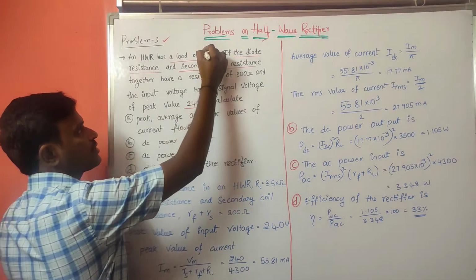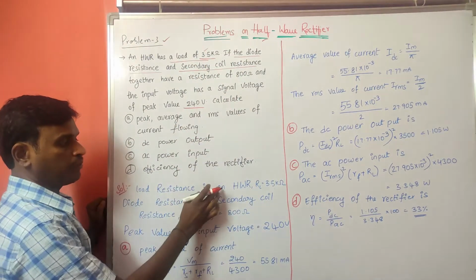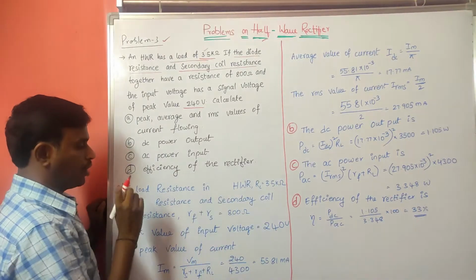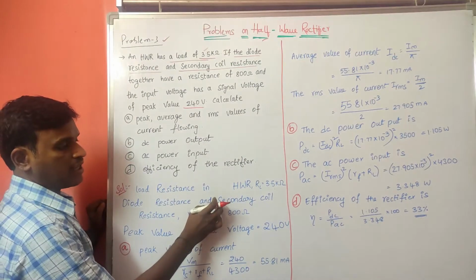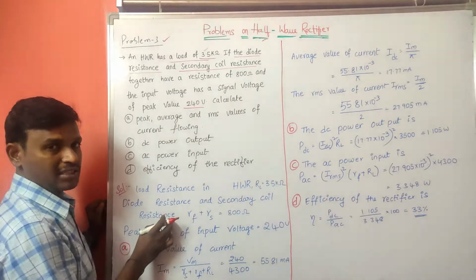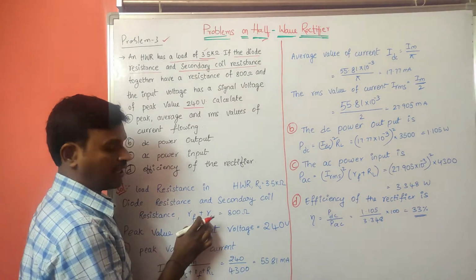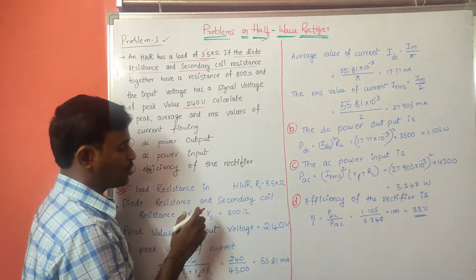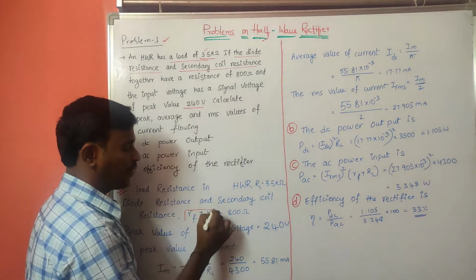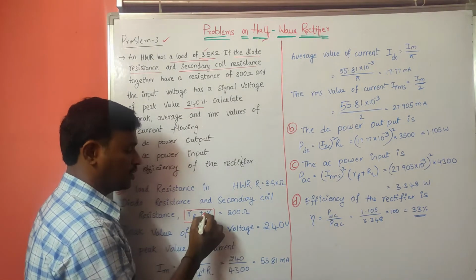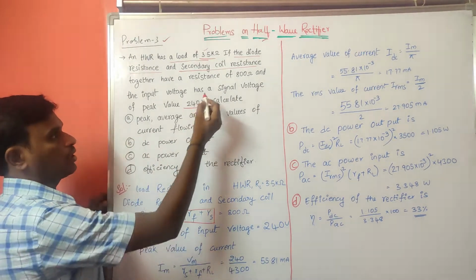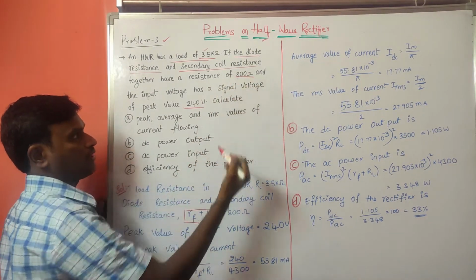Now the diode resistance RF and secondary winding resistance RS combined is equal to 800 ohms, that is given.